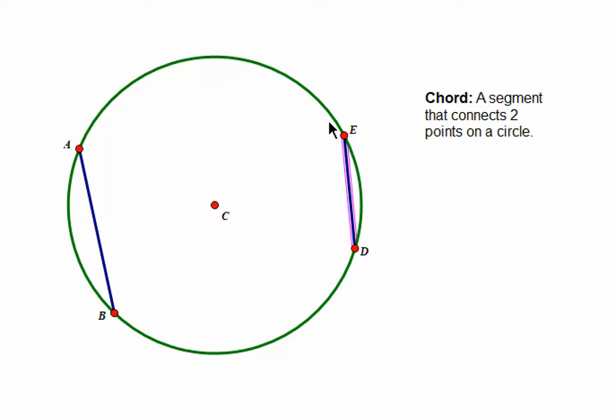It doesn't matter where those 2 points are. Notice I can spread them out and my chord gets longer. The longest it will ever be is when it goes through the center of the circle. My circle is going to have an infinite number of chords. Pause the video for a moment and answer question 2.